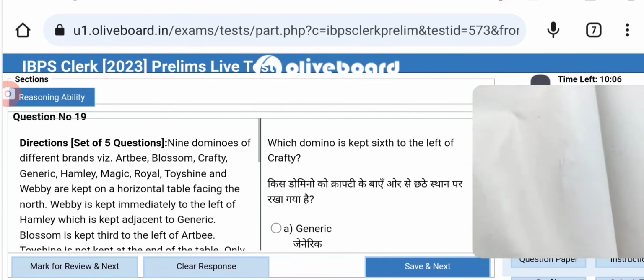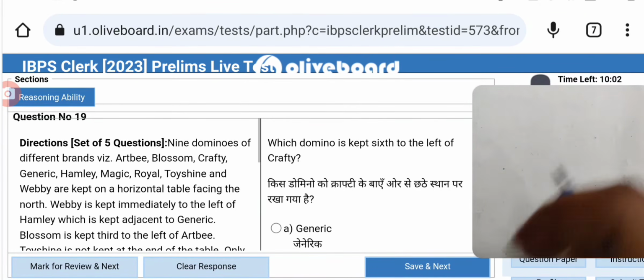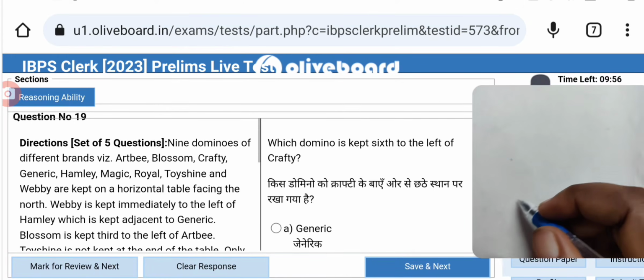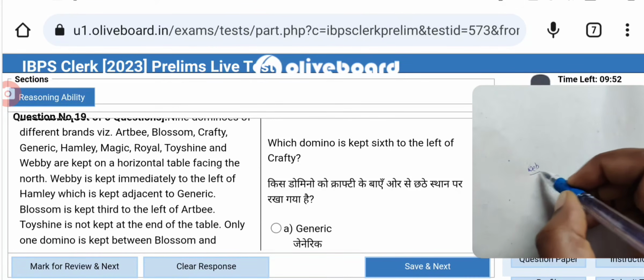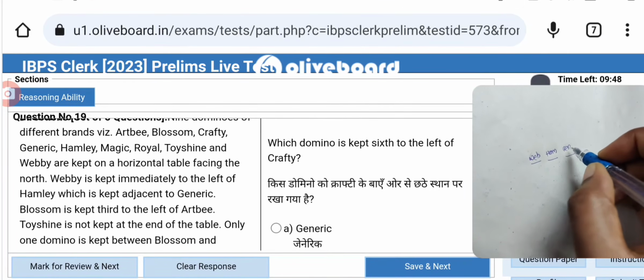Next one. 9 dominoes of different brands: Oddbee, Blossom, Crafty, Generic, Hamley, Magic, Royal, Toast. Webby is immediately left of Hamley. She is adjacent to Generic.